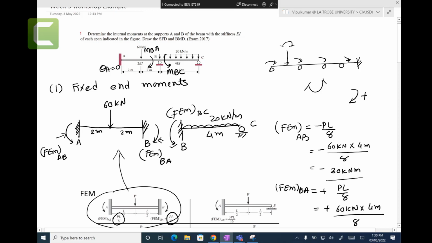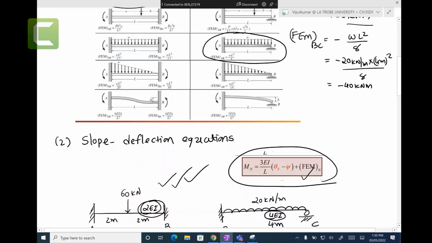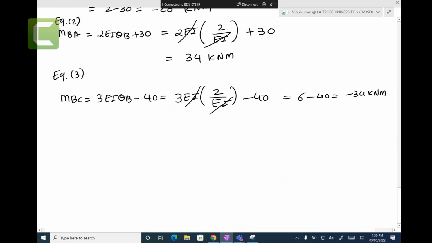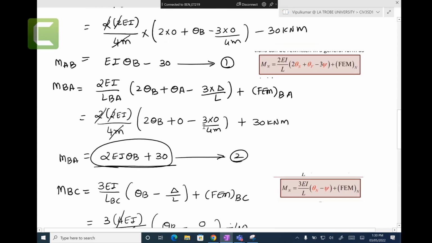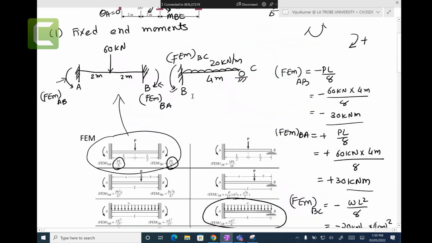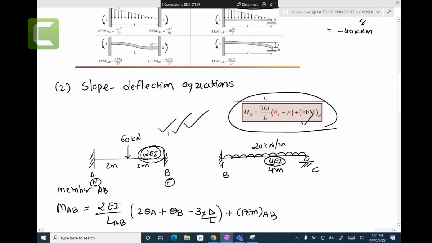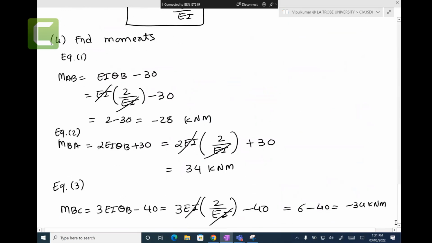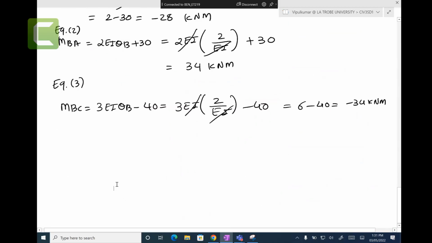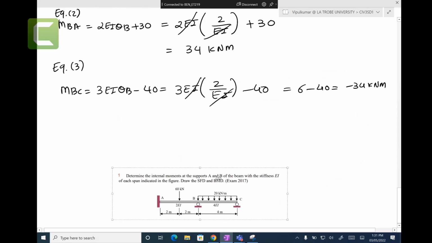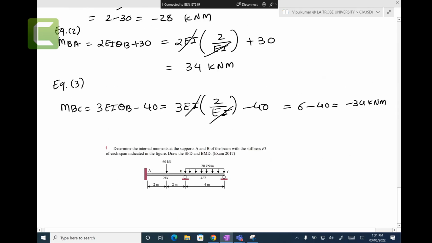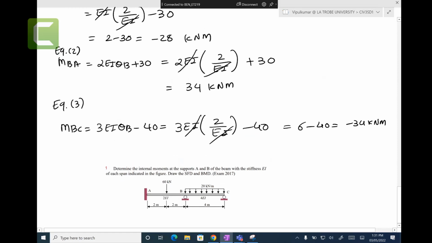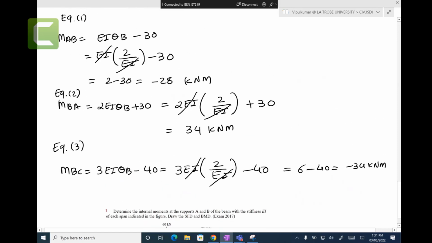All right. So what have we done so far? We found all the moments. Now let me put them in the diagrams. Here positive is clockwise, I believe. We still follow the same convention.